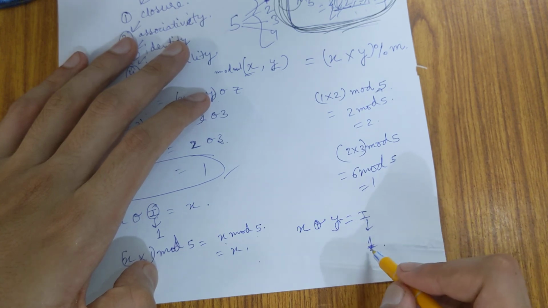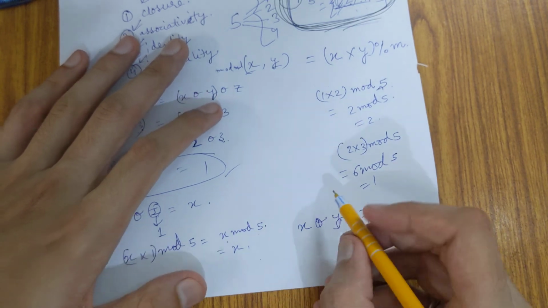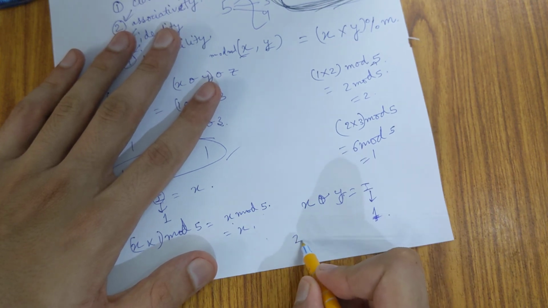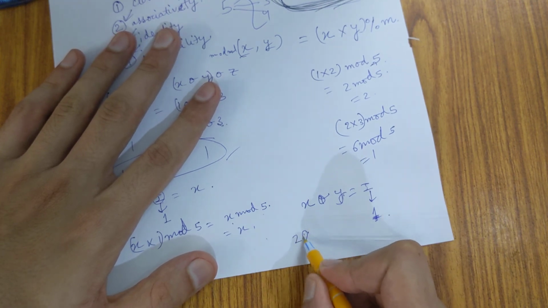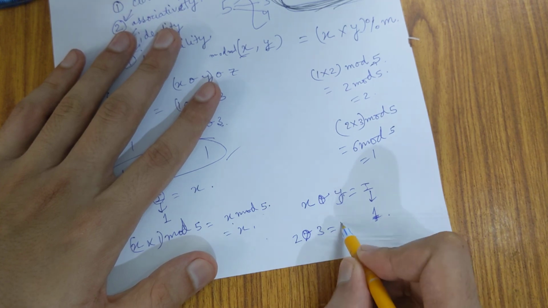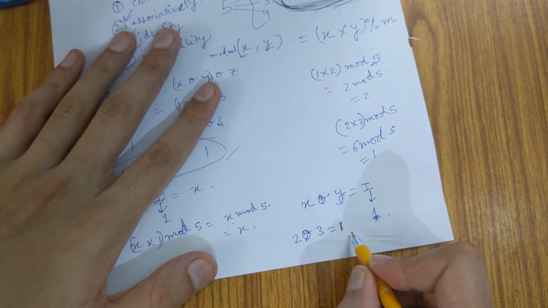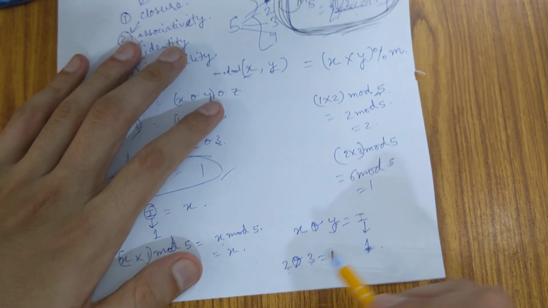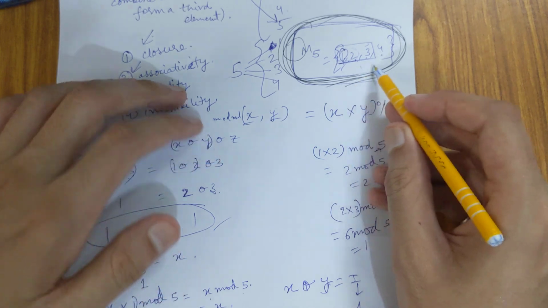So it's the modulo multiplicative inverse in this case. For example, 2 operation 3 is equal to 1, because 2 into 3 mod 5 is 6 mod 5, which is 1. So 3 is the modulo multiplicative inverse of 2, and both of them must be present in the group.